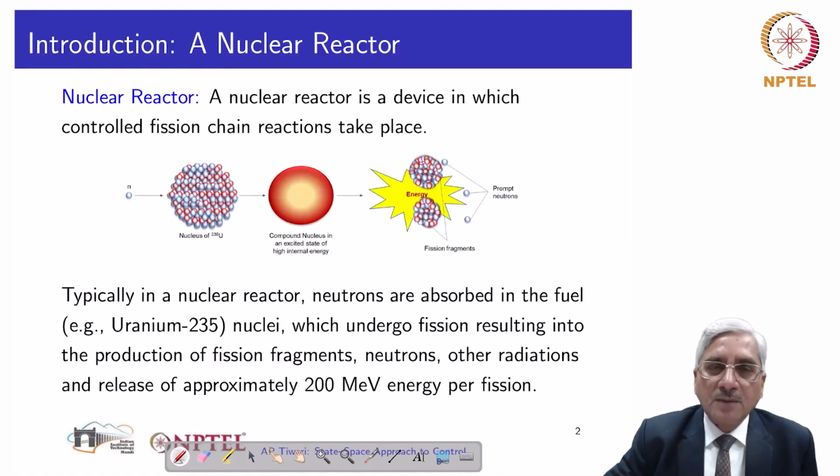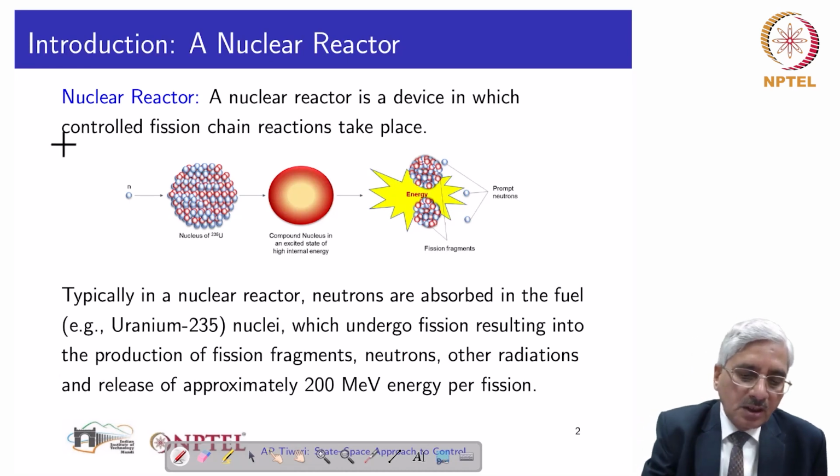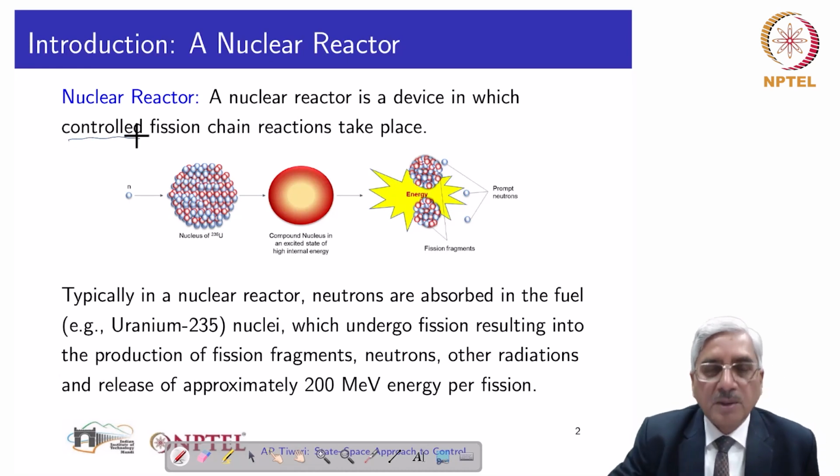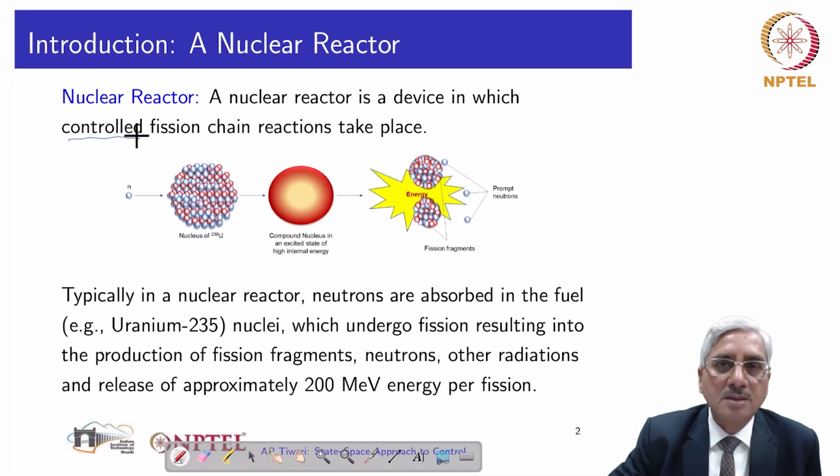I will have a few minutes of introduction, and there might be some overlap with one of the lectures which we took in the first week. So a nuclear reactor is a device in which controlled fission chain reactions take place. Now there are usually two types of energy producing nuclear reactions.